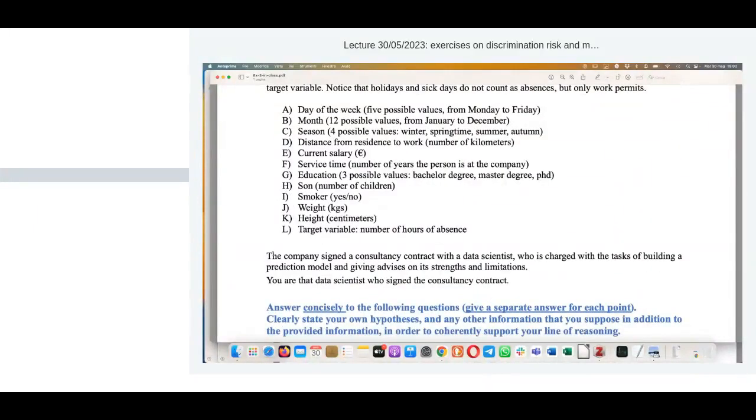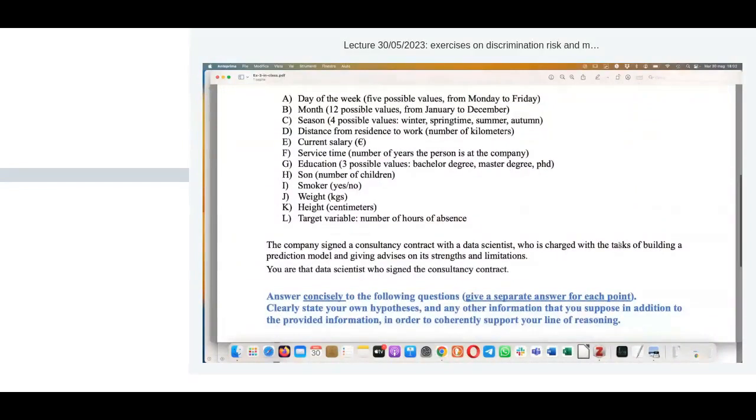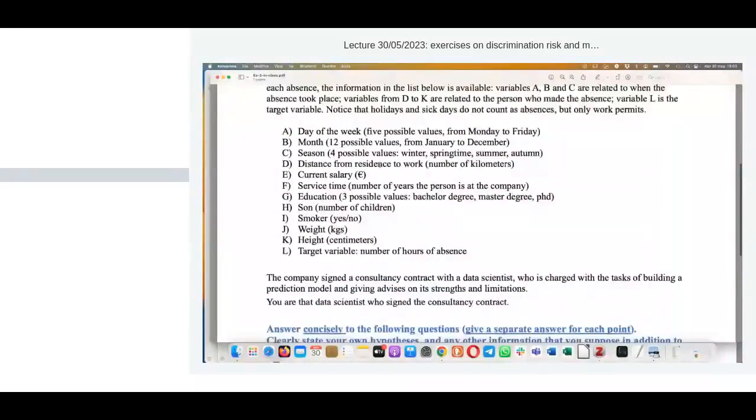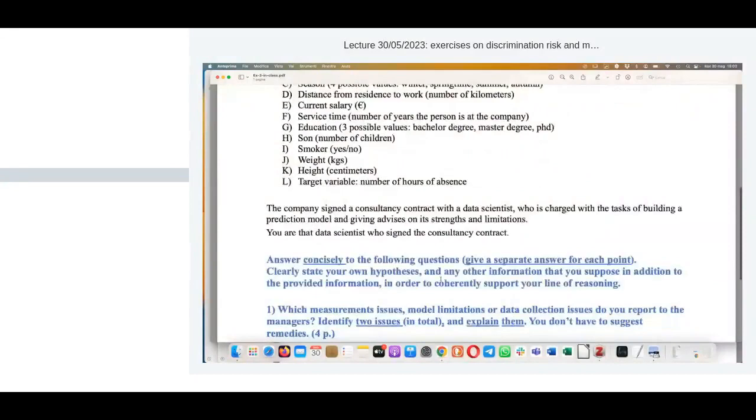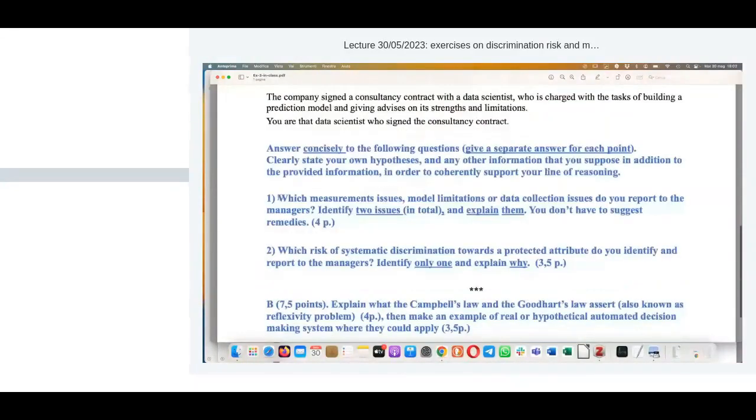The company signed a consultancy contract with a data scientist who is charged with the task of building a prediction model and giving advice on its strengths and limitations. So with this data, you have a prediction task. You are the data scientist who signed the consultancy contract, and you have to identify which measurement issues, you can include also model limitations, data collection issues, you report to the managers.